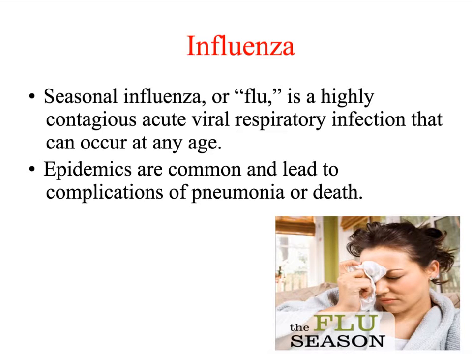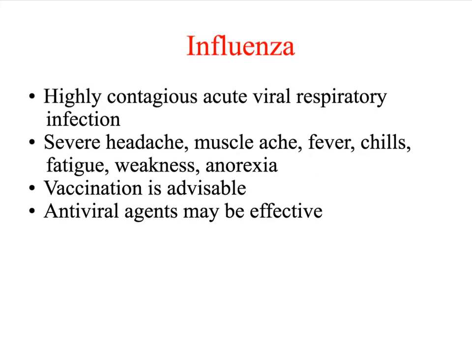Really the key to the flu is prevention, preventing us from getting it. That's why we often promote vaccinations. It's not only to prevent us from getting it, but we want to prevent people from spreading it, because again, it is a highly contagious acute viral infection. Vaccine is one of the preventative measures, and it is advisable.